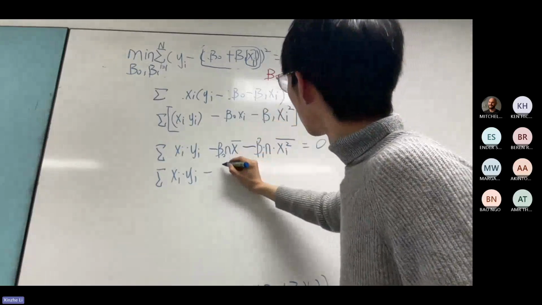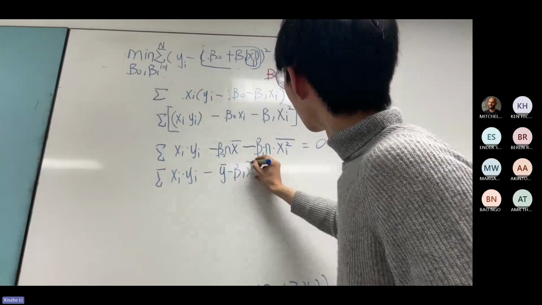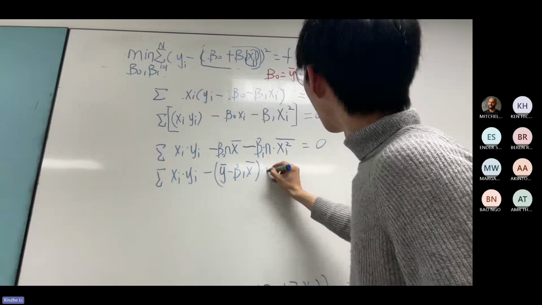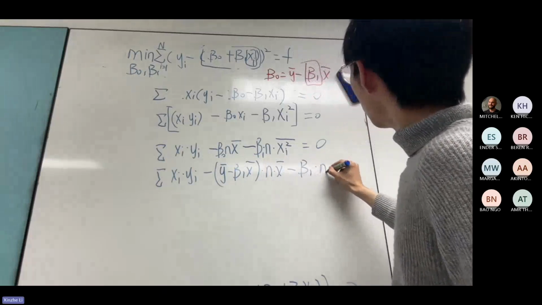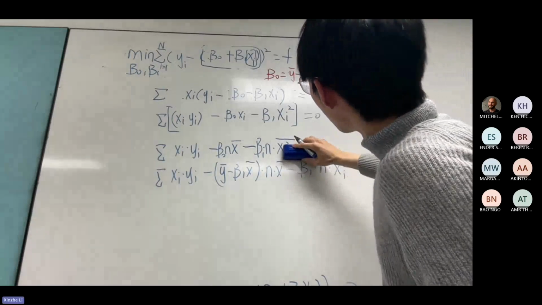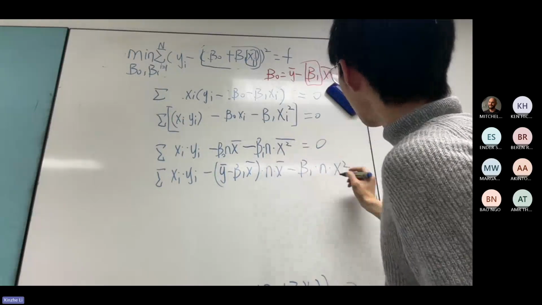Beta 0 is y bar minus beta 1 x bar. n x bar beta 1 n x square. No, I because it's a mean.